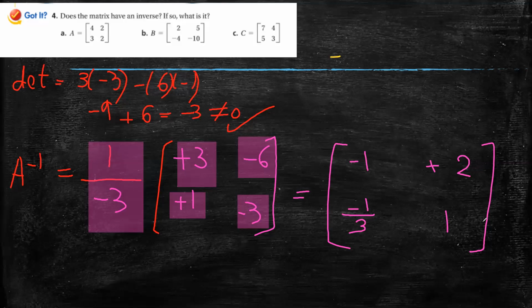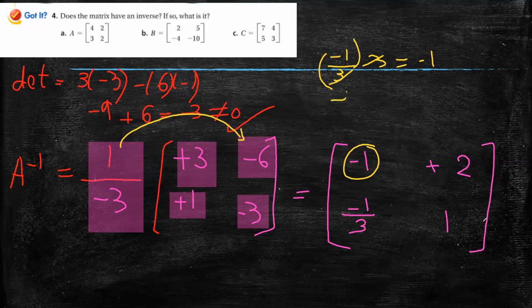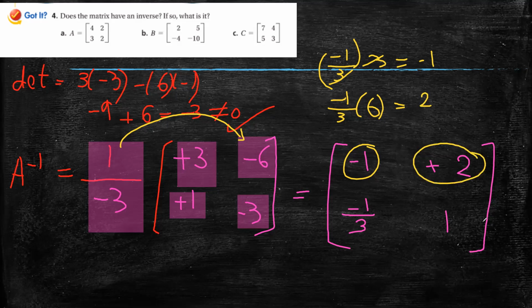Negative 1 over 3 by 3. If you multiply them, you get negative 1. Then the scalar multiplication: multiply negative 1 over 3 now with negative 6. You will get a positive 2. That's it.